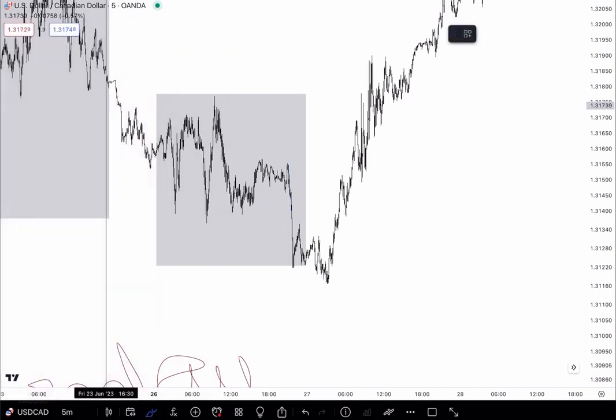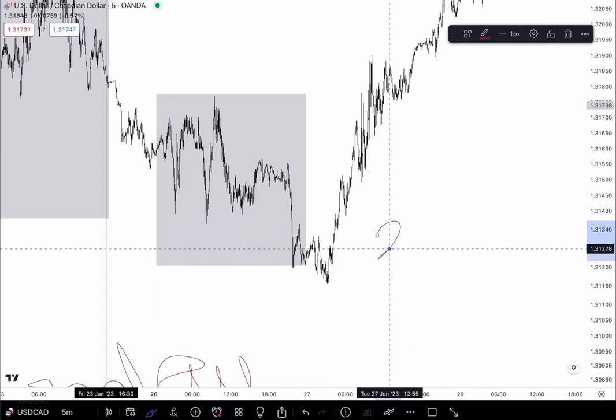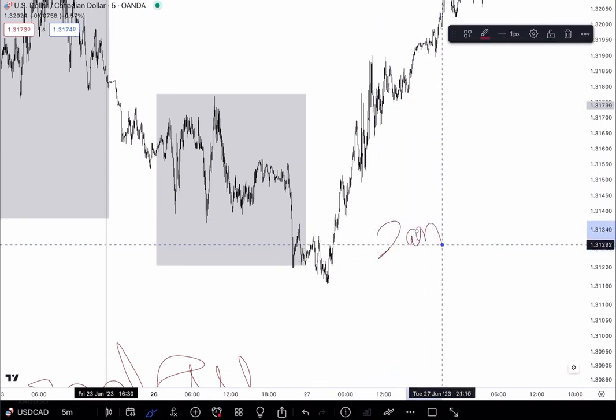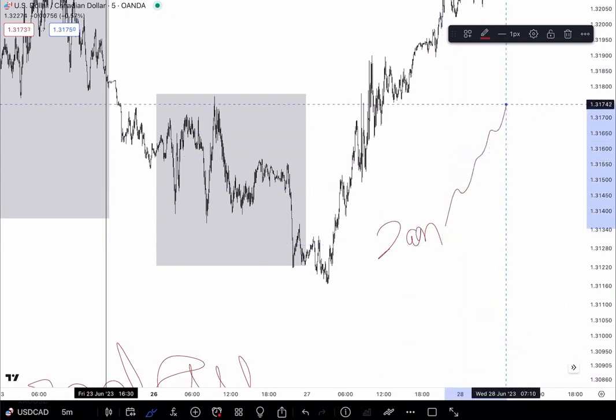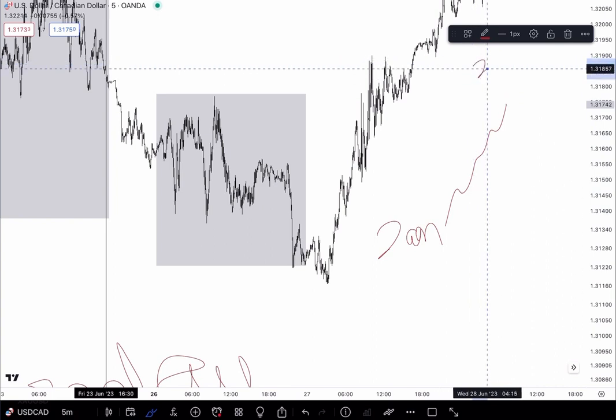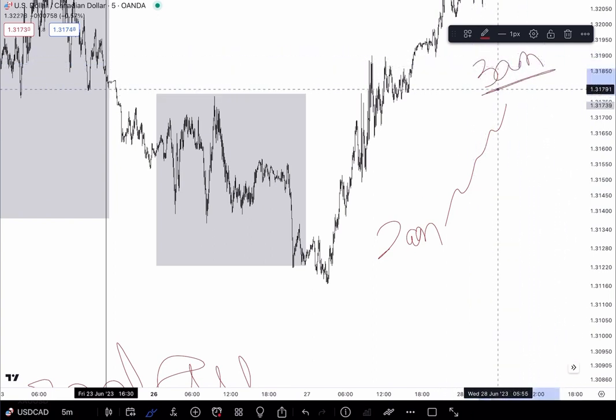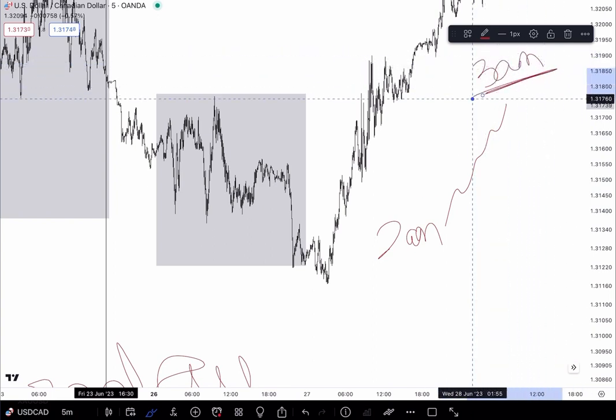The time per manipulation is 2 a.m., right? Which means the time the swing high will form is 3. Well, 2:50 to 3:10, right? But 3 a.m. is the swing point formation time during that candle.